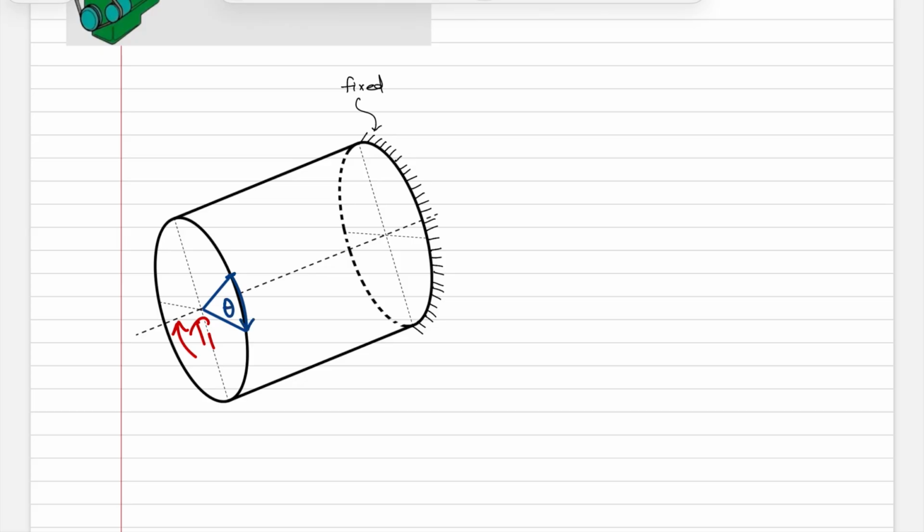This is rotating by theta. And if you were to just look at the point axially on the other face, that is this point here, because it is fixed, it has no rotation, right? And so this point here has no rotation, this point here has a rotation of theta.